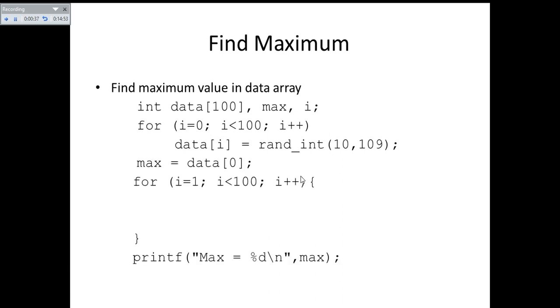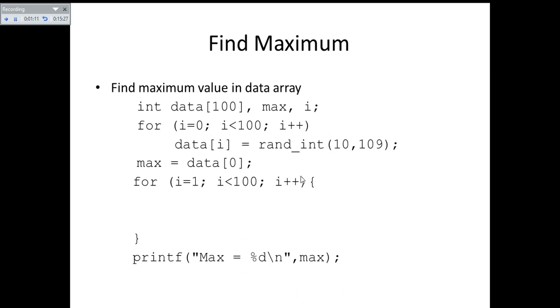For i equal to 0, i less than 100, i plus plus, data of i equal to rand_int of 10, 109. So we use one function, the random function, and that is going to initialize the data array with 100 values between 10 and 109. All these values between 10 and 109 will be assigned randomly to all the locations of your data array, and you are going to hold max equal to data of 0.